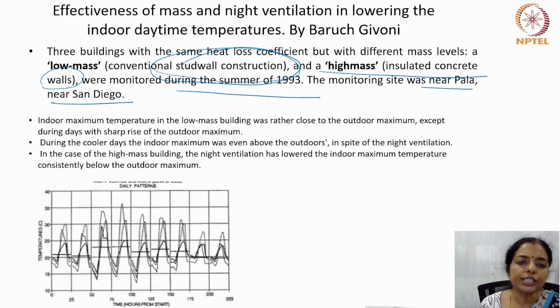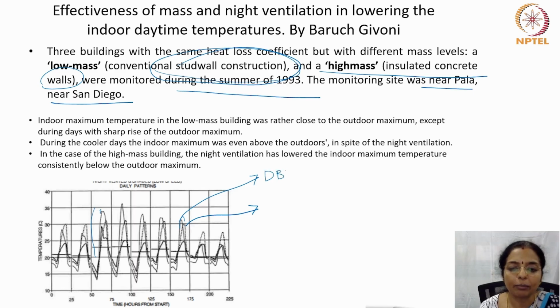The results showed that the indoor maximum temperature of a low mass building was very close to the outdoor maximum, except during days with a sharp rise in outdoor maximum. So if this is the outdoor maximum, you see this is the outdoor maximum or dry bulb temperature of that place.